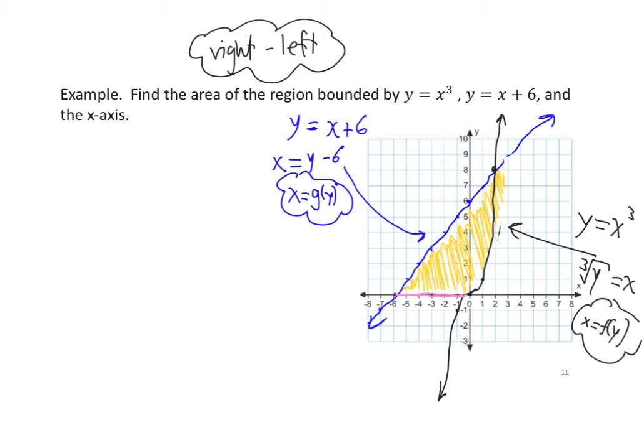So let me erase that area that we don't need, because that's not part of the area we're calculating. There we go. So we can hopefully see that we're going from y equals 0 to y equals 8. And we're turning our heads to the side, and we're seeing that there is this quote-unquote top function and quote-unquote bottom function.